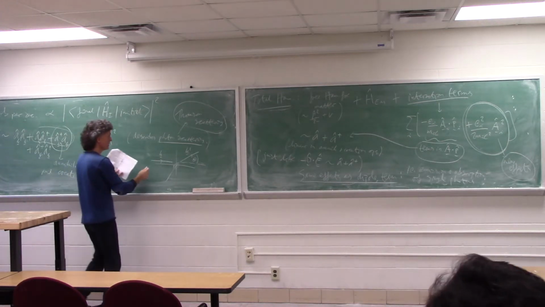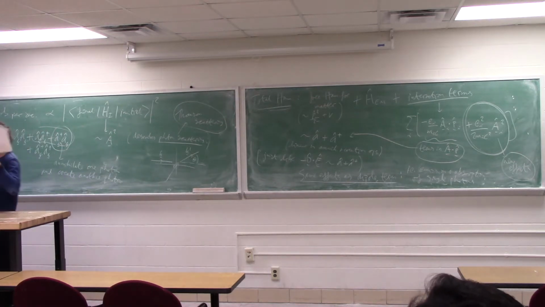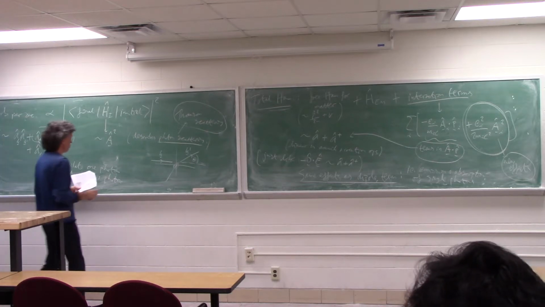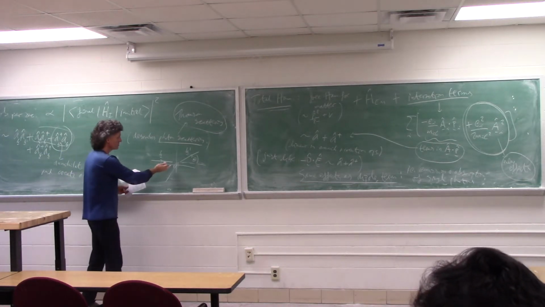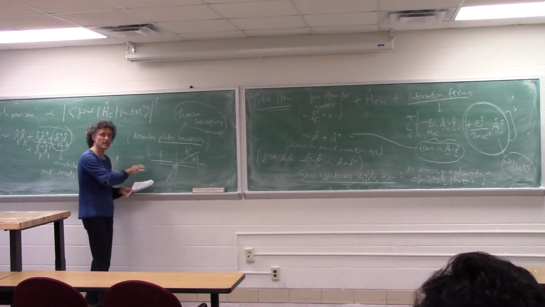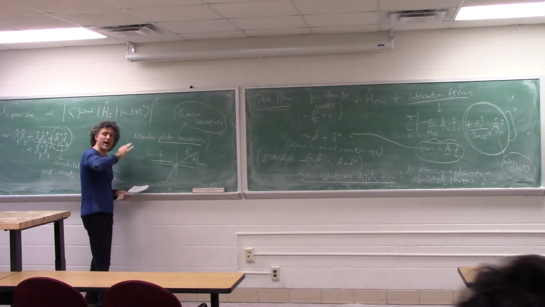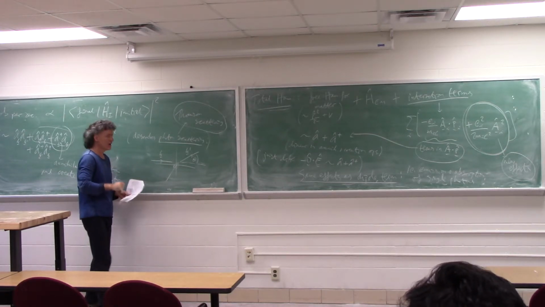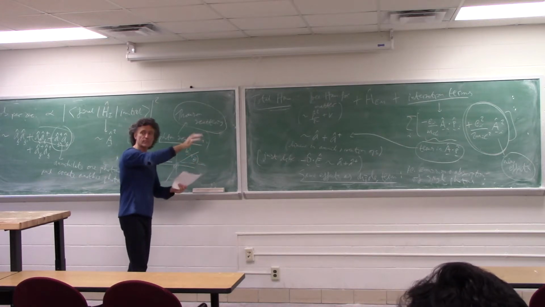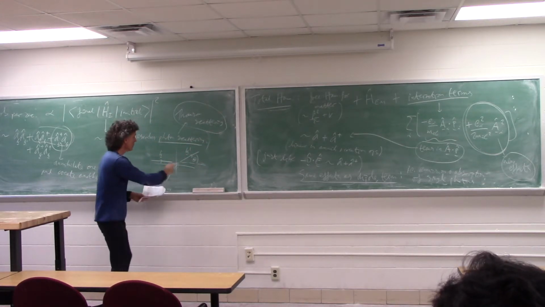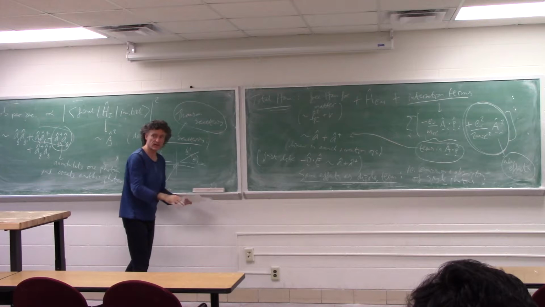As I mentioned in my preliminary overview, the way quantum field theory describes this process is to say that initially the mode k is excited. Finally, the mode k prime is excited, and the mode k is no longer excited.